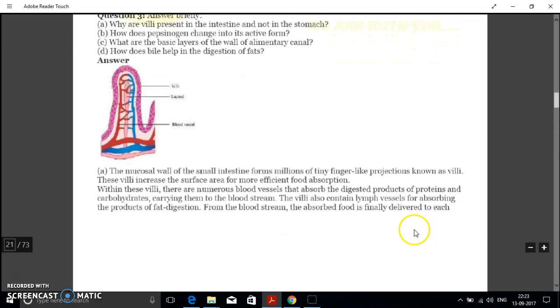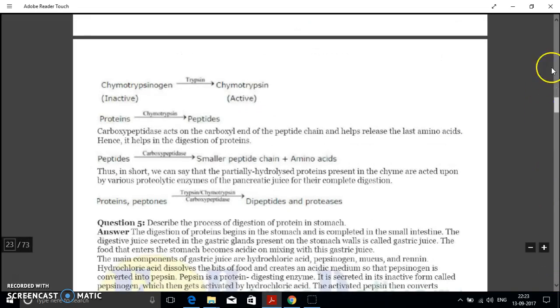So these villi contain numerous blood vessels, as you can see here, which can absorb the digested proteins, carbohydrates and all to the blood stream. And villi also contain lymph vessels for absorbing the products of fat digestion, which occurs via the chyle formation. Now from the blood stream, the absorbed food is delivered to each and every part of the body.